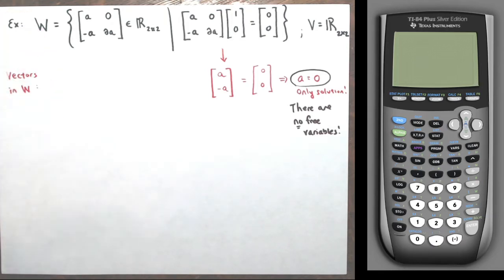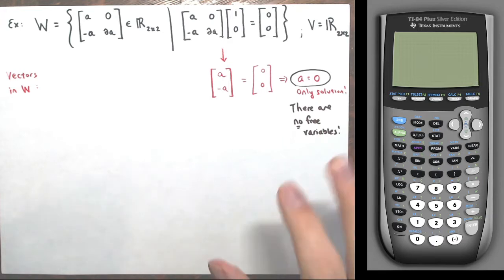What we're going to see here eventually, I'll get to it, is what's called the empty set, or the set with nothing in it. No vectors is the basis for W. But we'll get to that in a second.